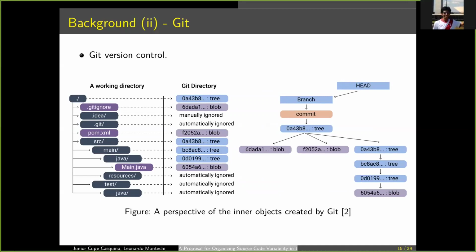Git will generate the objects of that working directory. And as we can see, the blob and tree objects store the information of the working directory. So when we manipulate commits, we only manipulate references to those tree and blob objects, or references to a specific commit.